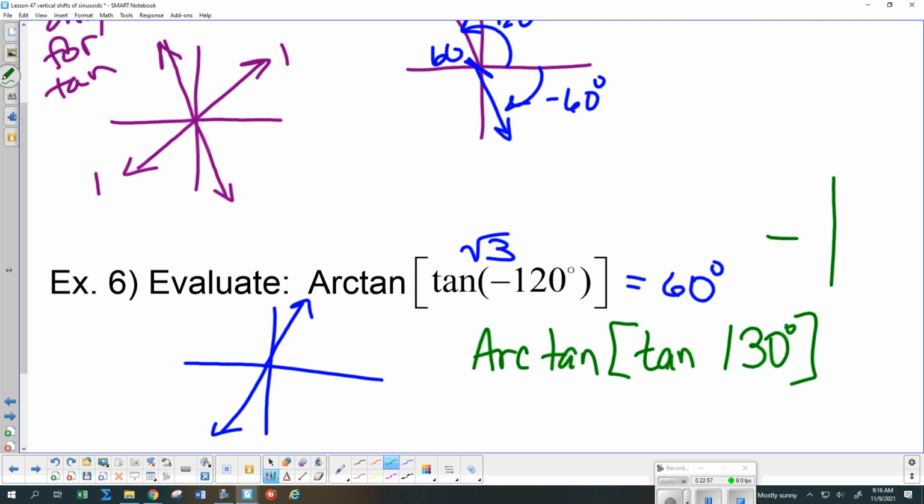So what I know is that 130 degrees would be right here, and that would be 50 degrees in there. So if I want arctan of that angle that has that tangent, I simply need to come 180 degrees away from that, measure that with a negative angle, vertical angles, that would be negative 50 degrees.